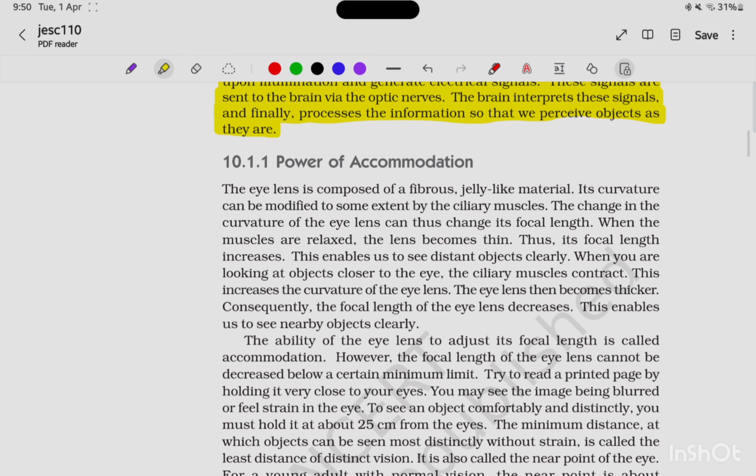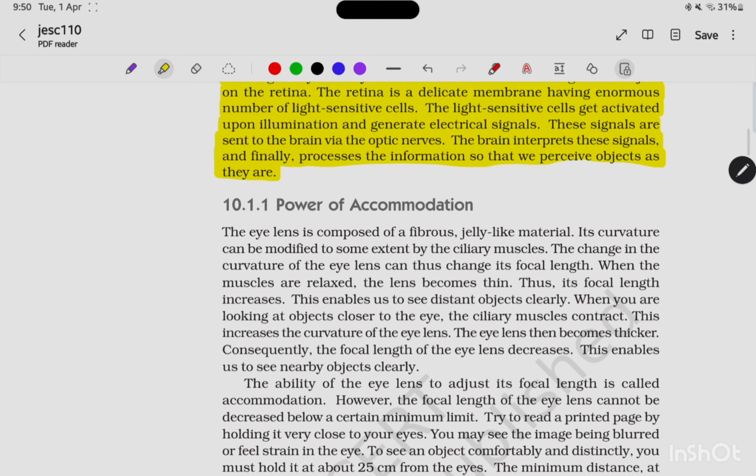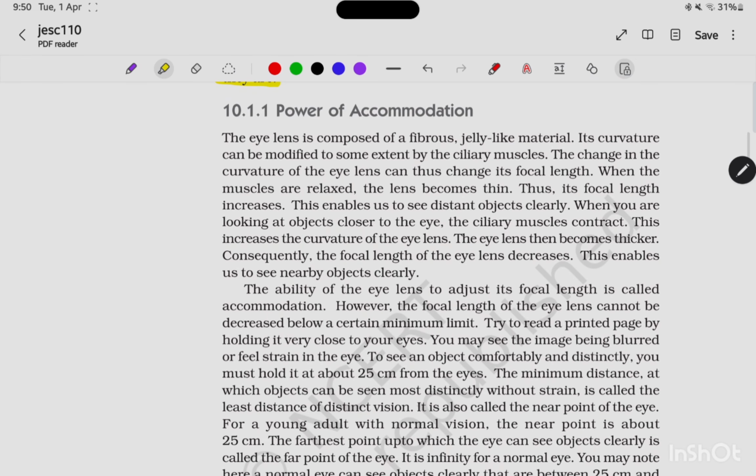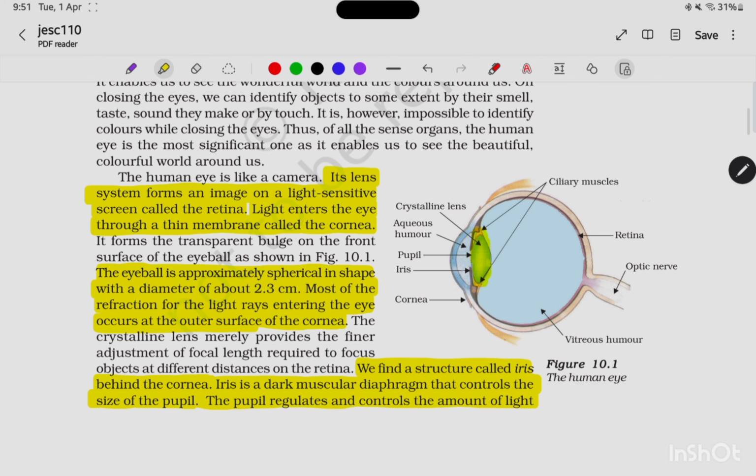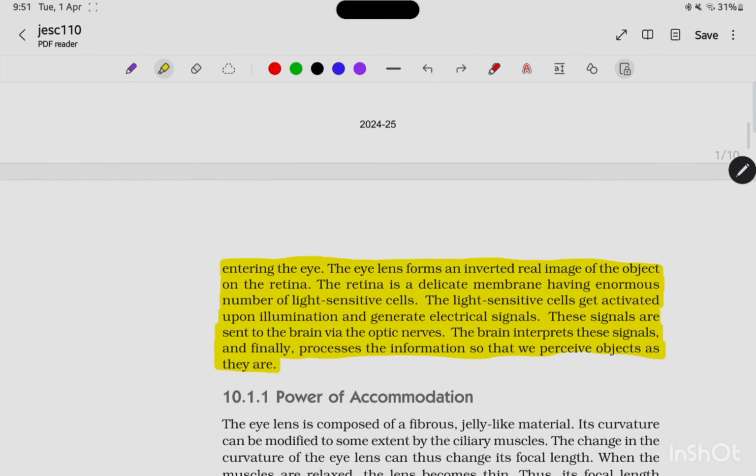Power of accommodation. The eye lens is composed of a fibrous jelly-like material. Its curvature can be modified to some extent by the ciliary muscles. Can you tell what that thing is? It is the crystalline lens. Okay, this thing is what we are talking about right now.